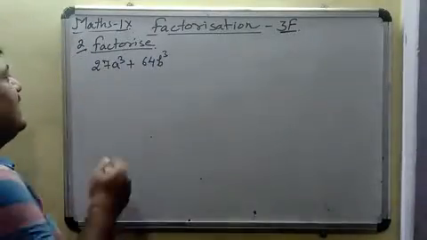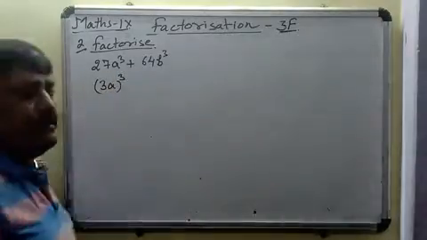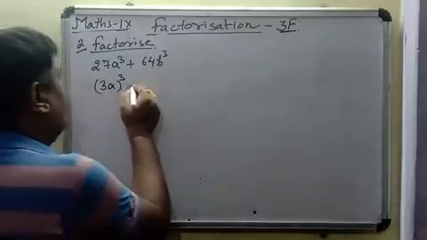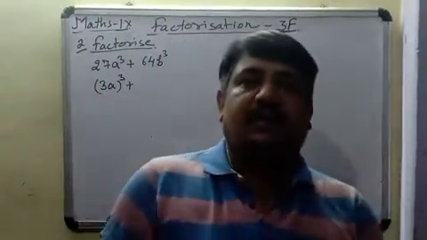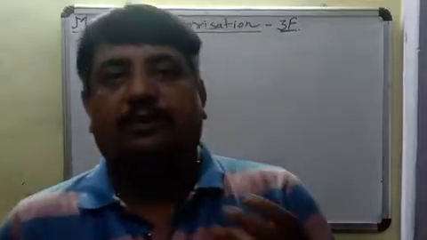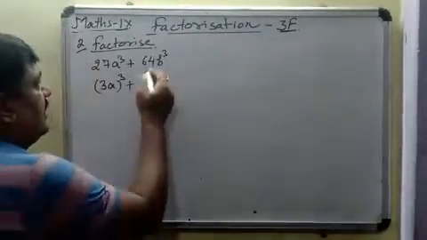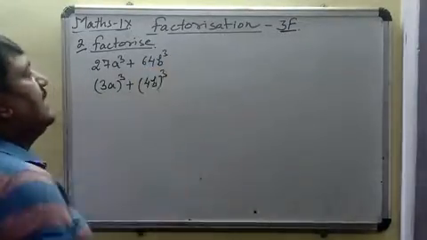So we can write it down as 3a whole cube. This is still 27a cube. Similarly, 4 4s are 16, 4 16s are 64, so 64b cube is the cube of 4. So we can write it down like this.